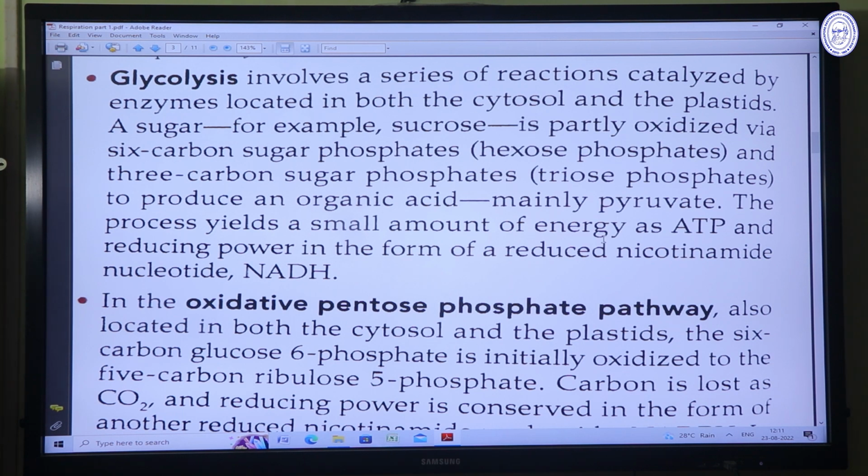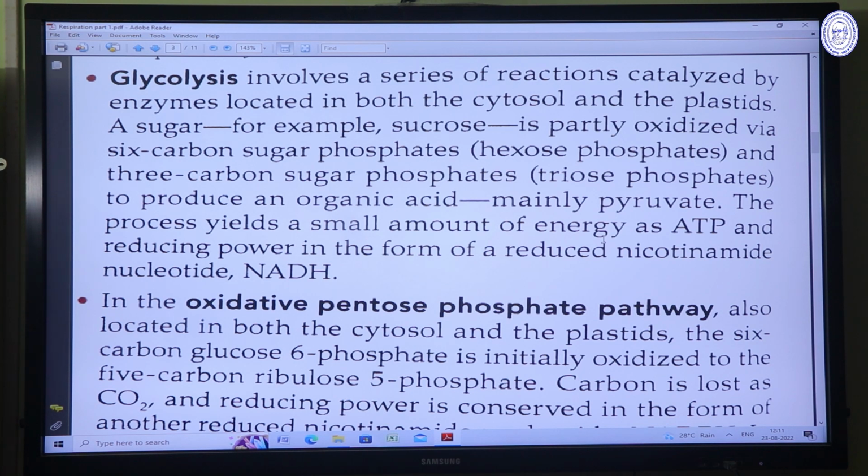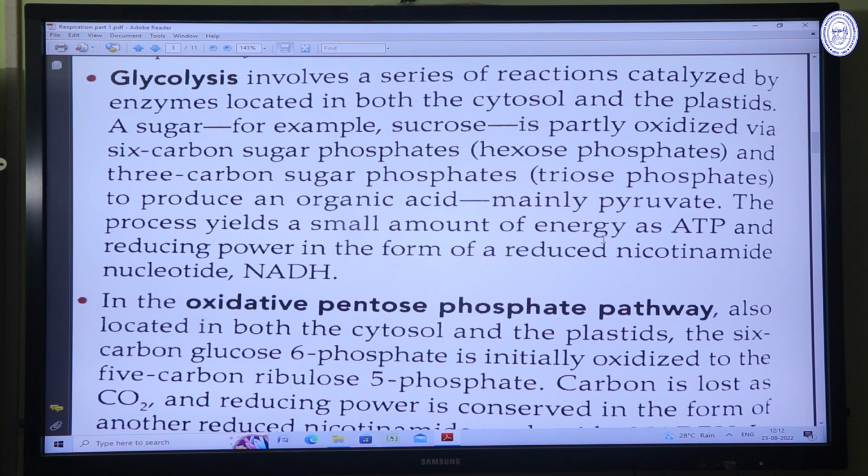And what happens here? A 6 carbon sugar phosphate, the hexose phosphate, will be transformed into 2 triose phosphates, 3 carbon sugar phosphates, and finally converted into an organic acid, pyruvic acid. Here a small amount of energy as ATP and reducing power NADH is released.